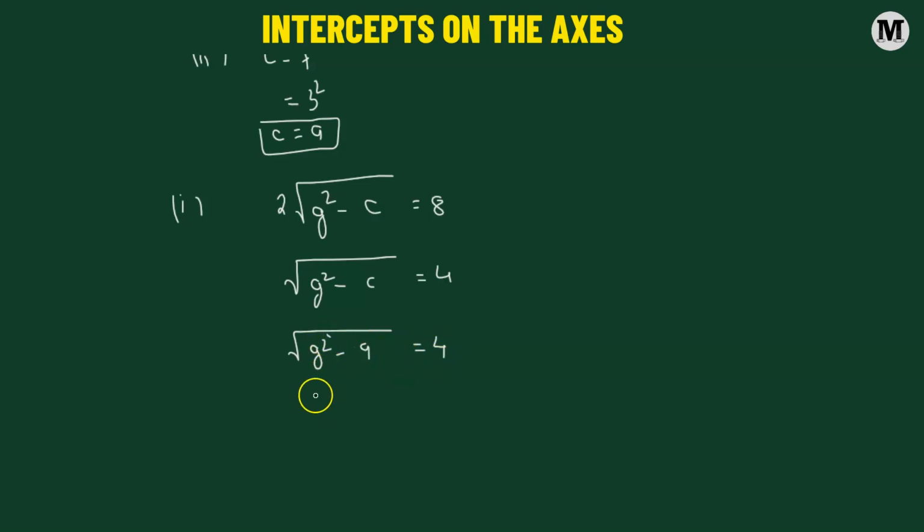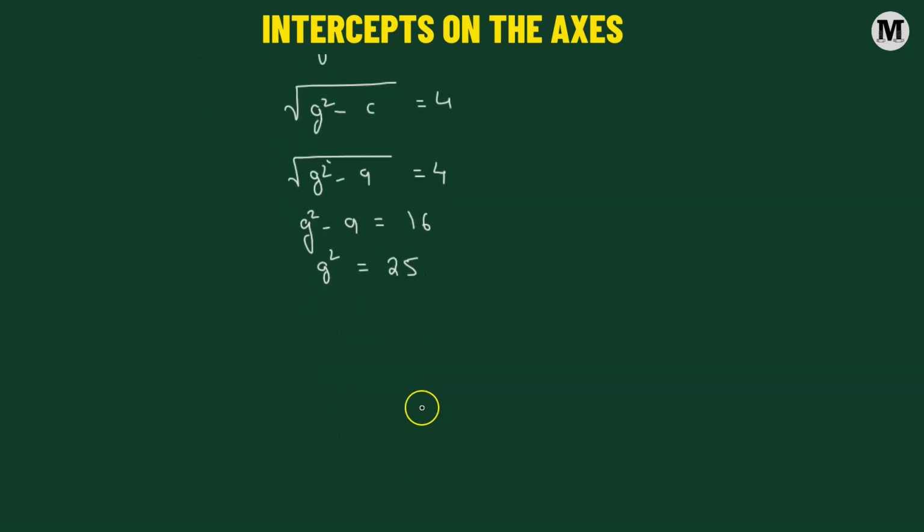Let's get rid of the square root by squaring both sides. So we're going to get g squared minus 9 equals 16. So g squared is going to be equal to 9 plus 16, that's 25, which means that the value of g comes out to be plus or minus 5. That means it could be positive 5 or negative 5. Now we have all the required values. So g came out as plus or minus 5.